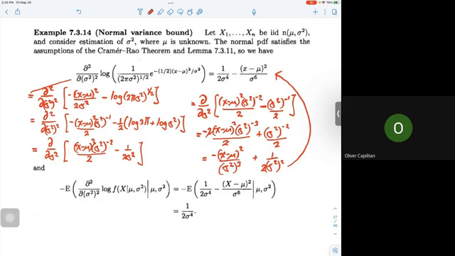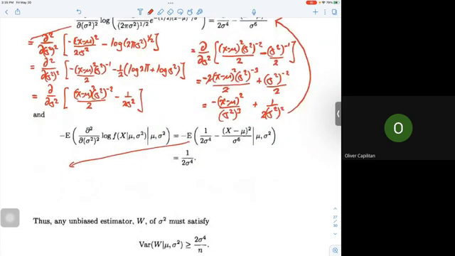Then after that, if we're going to get the expectation here, we have negative 1 over 2 sigma to the 4, and then we have here plus 1 over sigma to the 6 times the expectation of (x minus mu) quantity squared.